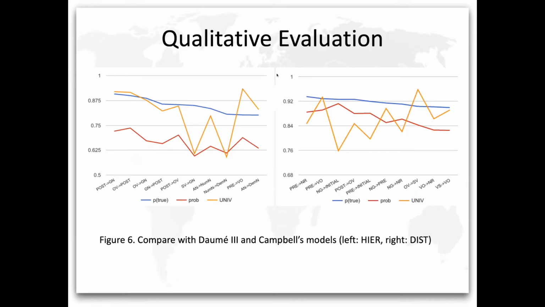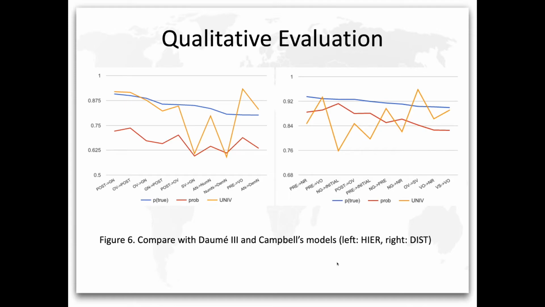For qualitative evaluations, we could compare our work with previous works, but because we use different methods, it will be difficult to say which ones are better. Here we did the comparison with Dom and Campbell's models.